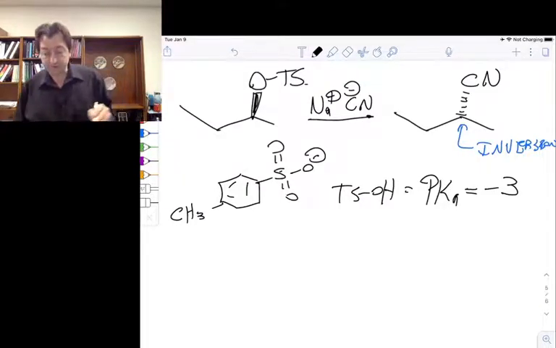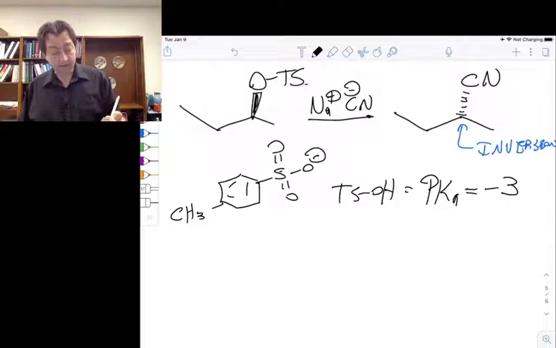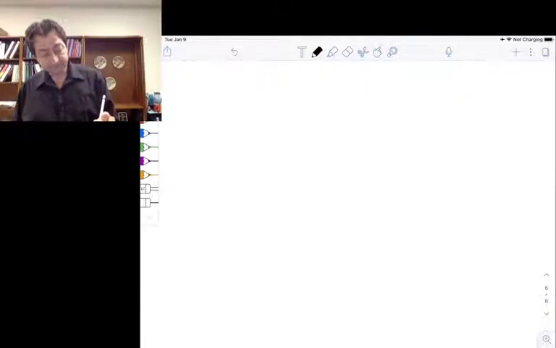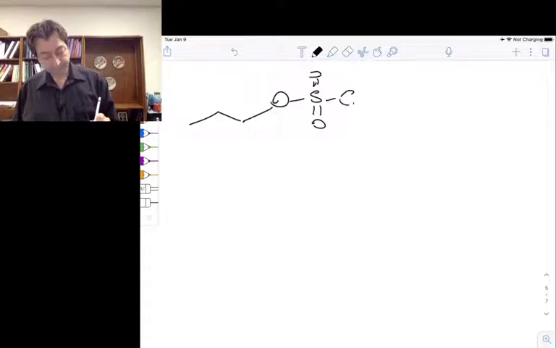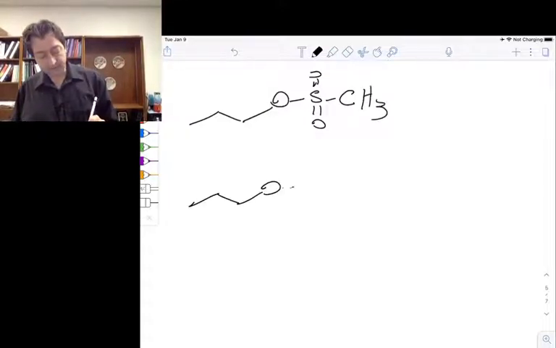And there's also a couple of other potential analogs that we can use as well. Our textbook mentions these, so I thought I'd introduce them here.